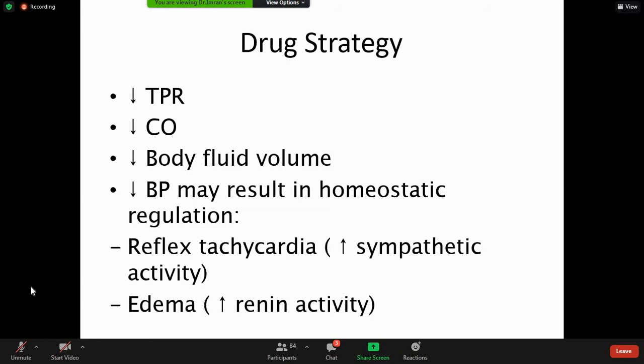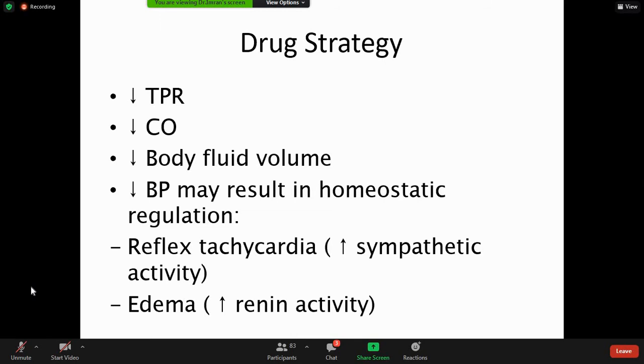So one of the drugs can decrease the total peripheral resistance. This is one of the mechanisms by which we can reduce the blood pressure. The second mechanism is reducing the peripheral resistance by producing vasodilatation, because due to vasoconstriction, peripheral resistance is increased.